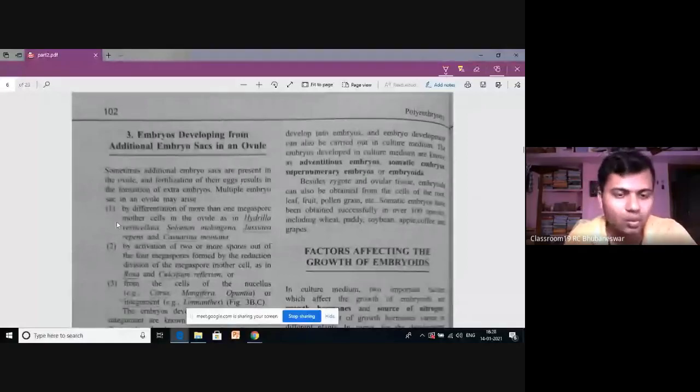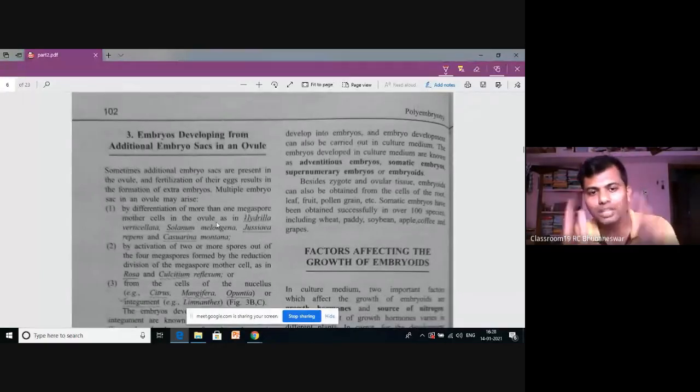For that we have three cases. One is differentiation of more than one megaspore mother cell in an ovule. If there is more than one megaspore mother cell, it means more than one embryo sac should be there. The other is activation of two or more spores. Suppose an ovule has one megaspore mother cell, which undergoes meiosis to form four megaspores.